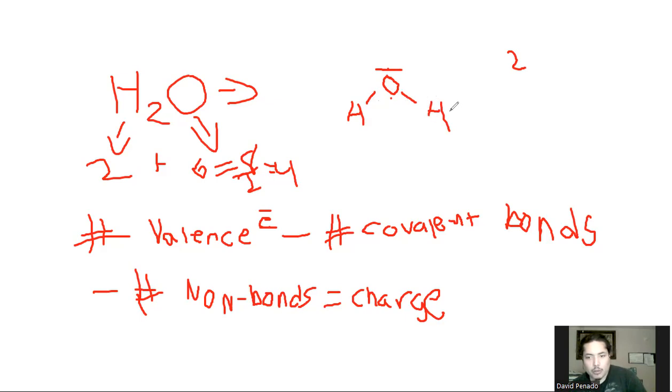This is already set with 1, and this was already set with 1. But we split them up, so now they only have the 1. So you've got 1, 2, 3, 4. The rest will have to be on oxygen because this one can only take 1.